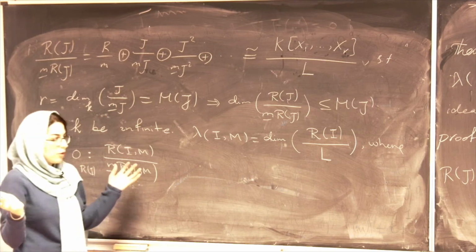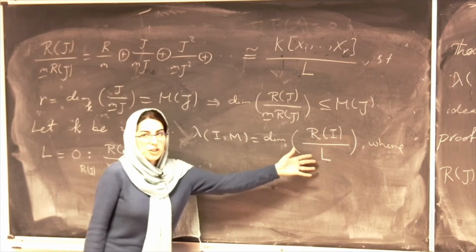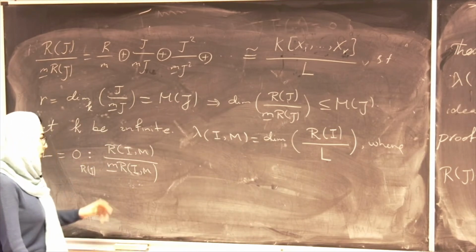So the dimension of any module is just the dimension of the ring mod out by its annihilator.